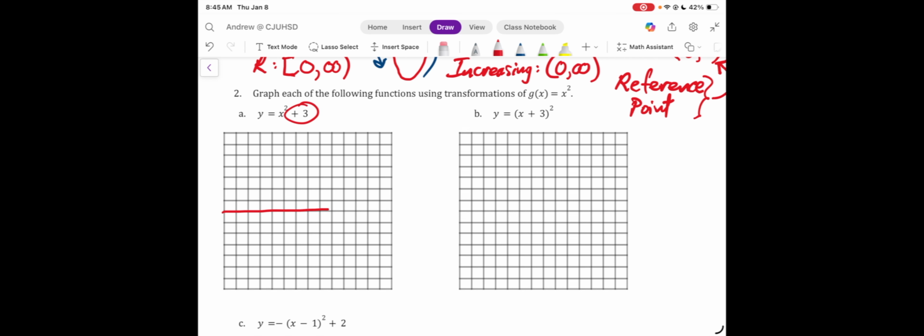So normally we would go through, here's our x and y axis, and normally we would be going through 0, 0, but that reference point is moved up 3 to here, and then we form that parabola shape. A real quick way to make a parabola shape is to go up 1 and over 1, and then go up 3 and over 1 on both sides of the reference point. So there's what that would look like.